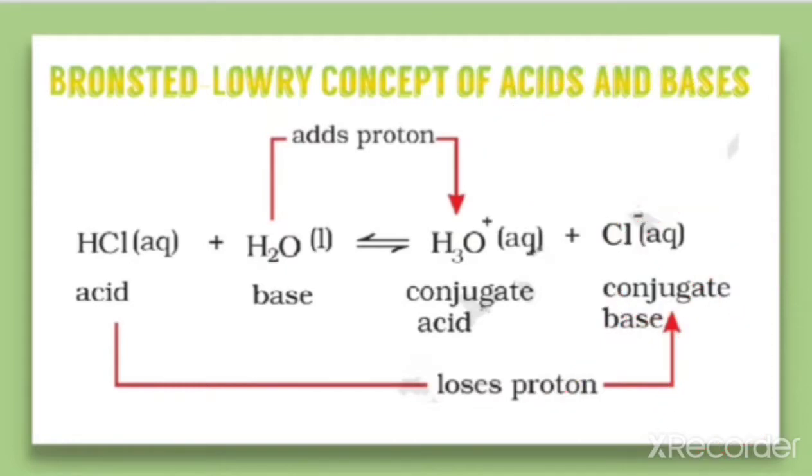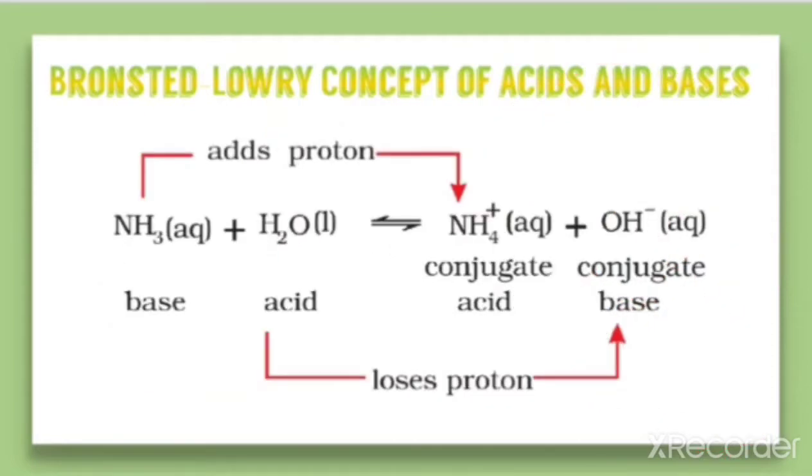Let us take another example, like ammonia. NH3 plus water gives rise to NH4 plus OH negative. Now look here, who is donating the proton? Actually the water is donating the proton to ammonia. So that means the water acts as an acid.